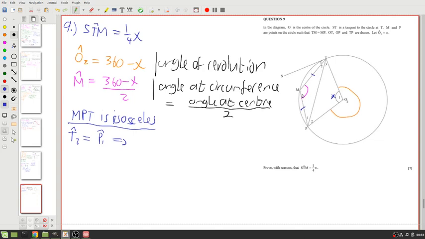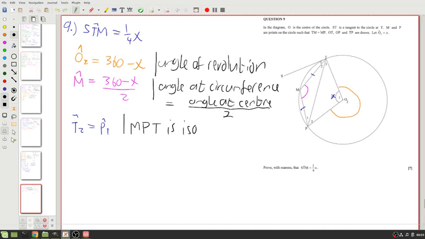But isosceles is a good enough reason, though let's write it out to show all the reasons. So T2 equals P1, and the reason for that is isosceles. So MPT is isosceles.